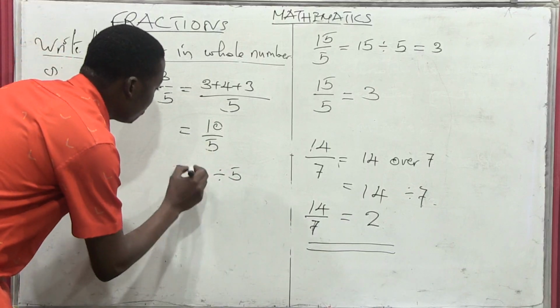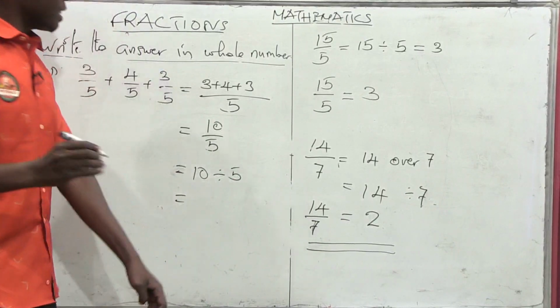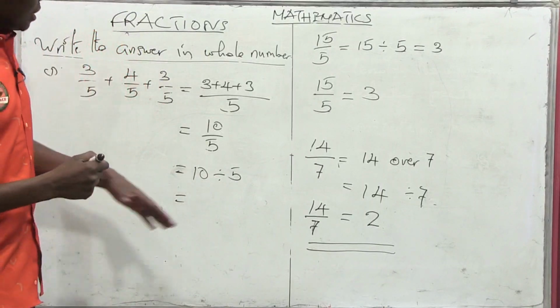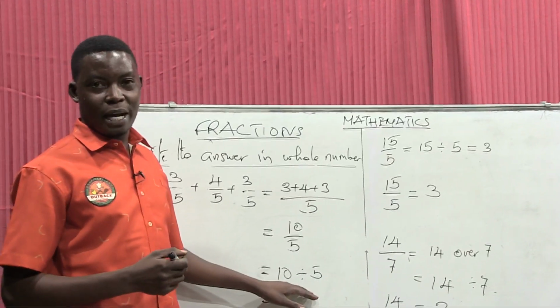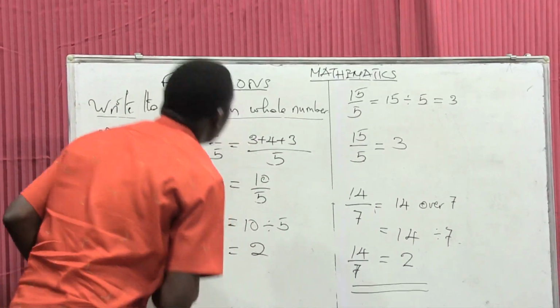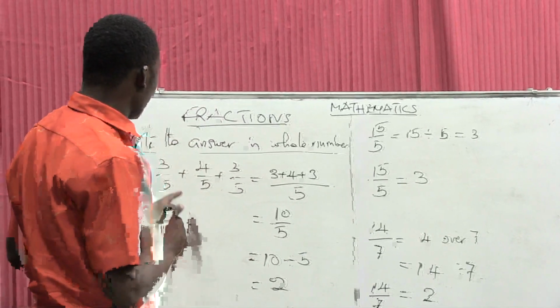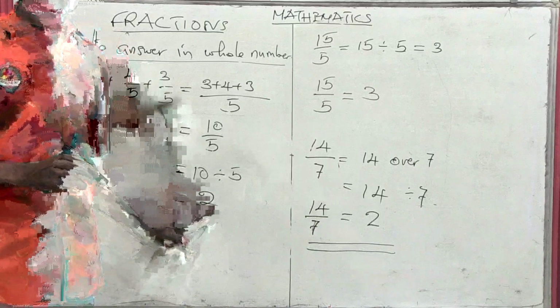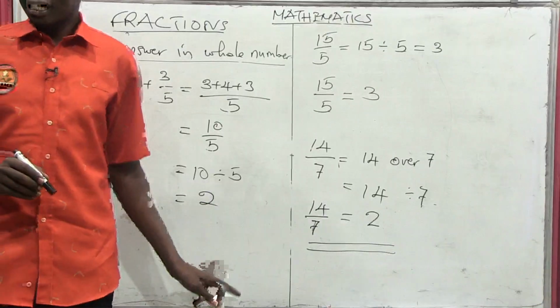It is a simple one because you have learned how to divide the whole number. So I think there is no problem with this one here. So 10 divided by 5 is 2. So the answer of this one, according to this instruction, is 2. Are we together? Yes.